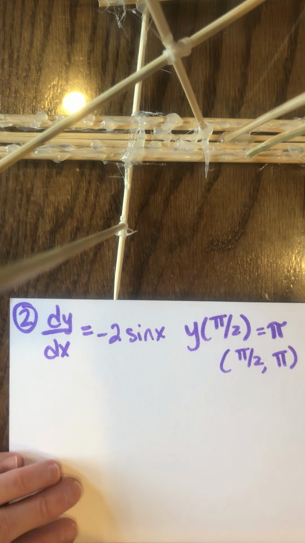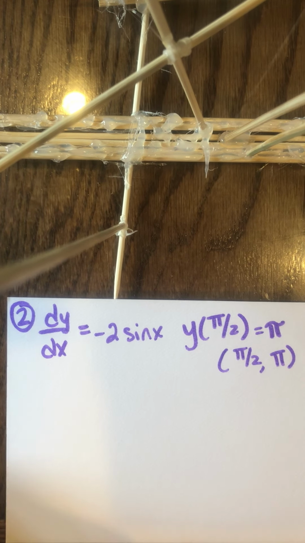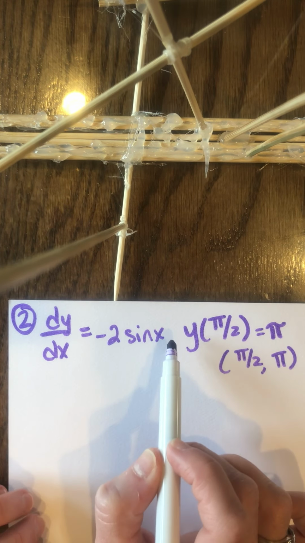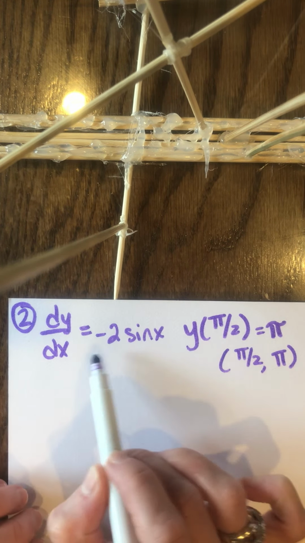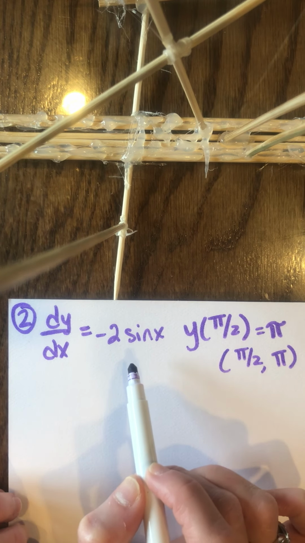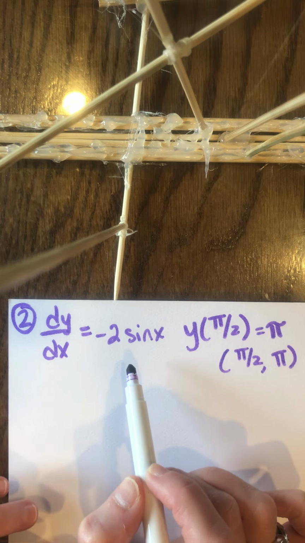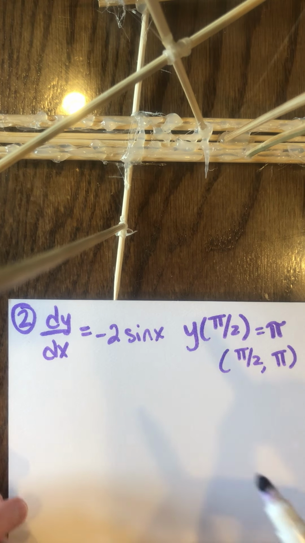So the first thing that I'm going to do is look for my general solution to my differential equation. Again, just as in the last example, the derivative given here is exclusively in terms of x. So I can think backwards about my functions to find my antiderivative.